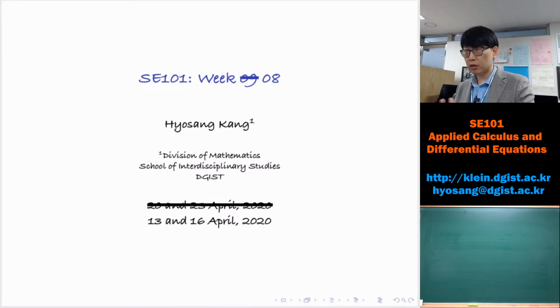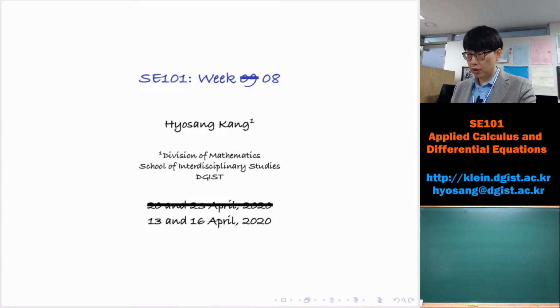So far we talked about the solution of single differential equations. From now on, we are going to talk about not only solving a single differential equation, but also solving several, so finding solutions simultaneously of multiple differential equations.